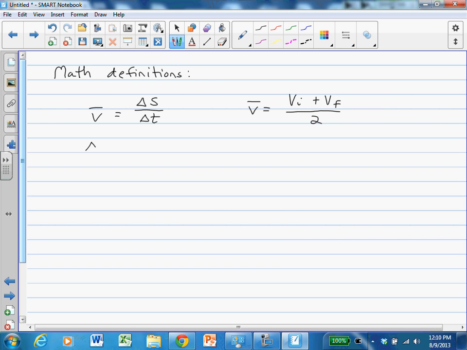Change in speed is final velocity minus initial velocity, or final speed minus initial speed. And acceleration is our change in speed over change in time. Now, there are vector versions of these as well.